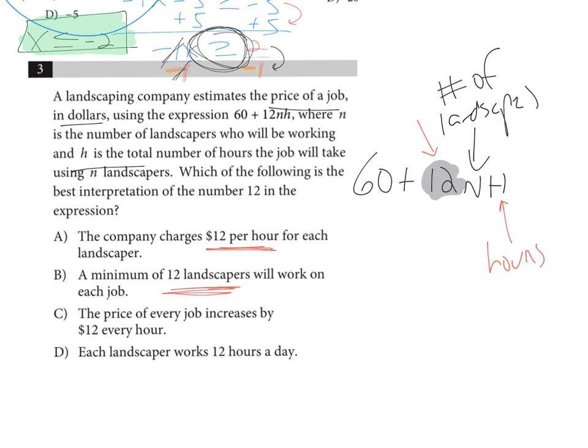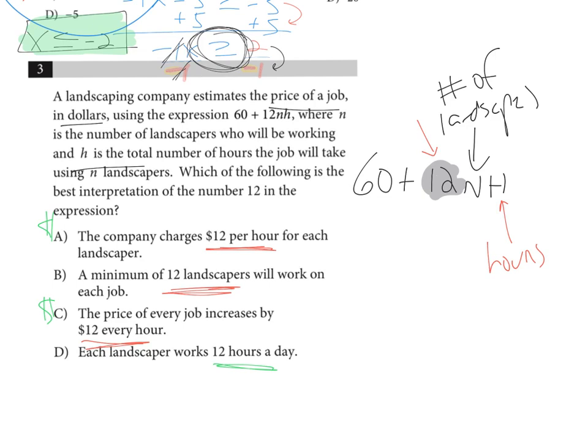C, the price of every job increases by $12 every hour. So again, money. And letter D, each landscaper works 12 hours per day. So they all really stand for different values. A and C both represent money. So now that I have an idea of my possibilities for my answers, I'm going to start to choose convenient values for these letters and see what the values tell me.